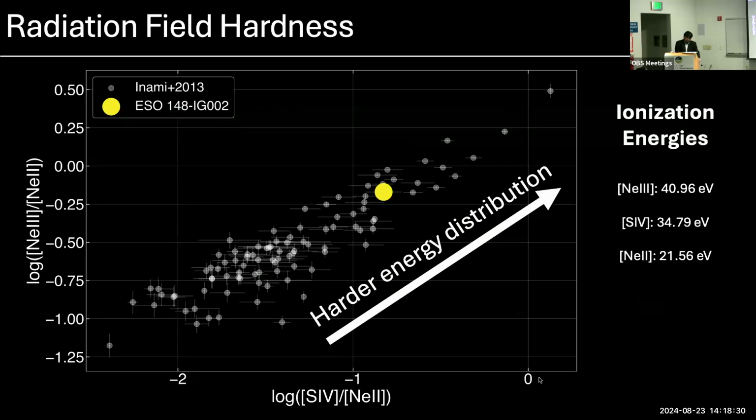I should mention that the points being displayed here were constructed using Spitzer spectroscopy. So these are all Spitzer values, and I've highlighted the value for this particular target in this yellow circle. Points that lie towards this side of the plot are indicative of having a harder energy distribution.